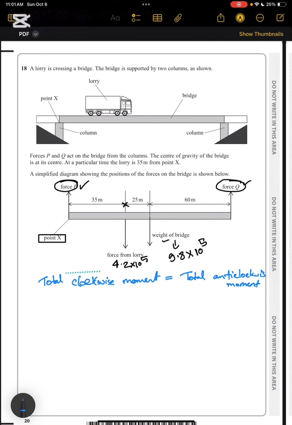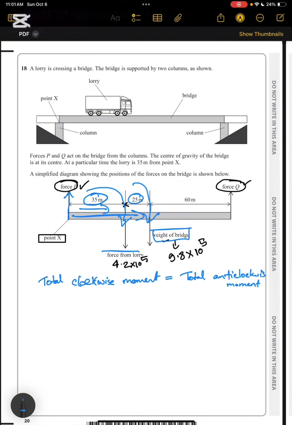Here the clockwise moments are, as this is the pivot, from this position these two are acting here. So the force from the lorry and the force from the bridge are our total clockwise moment. The distance has been given as 35, and the distance of the weight of the bridge is 35 plus this 25, which is 60.